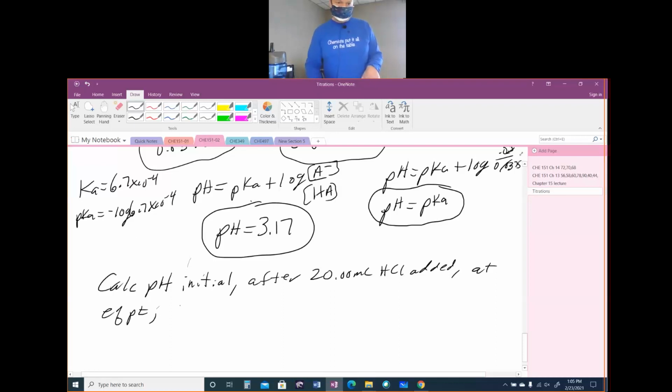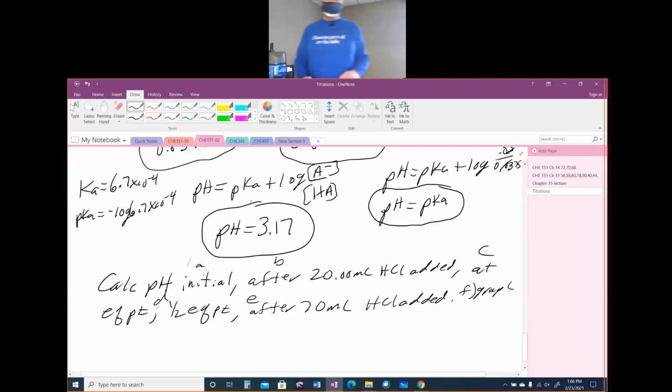Half equivalence point. And then after 70 mils HCl added. All right, so there's part A, part B, part C, part D, part E. Oh, and then graph it.